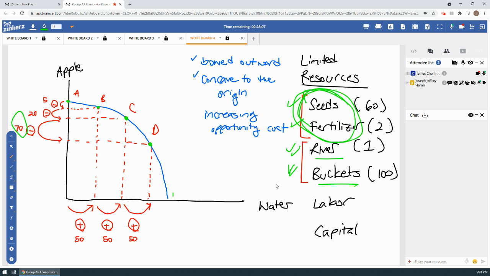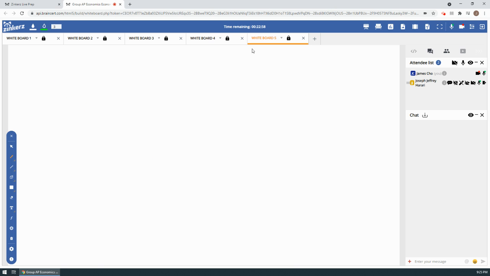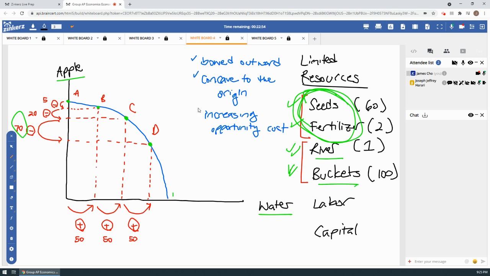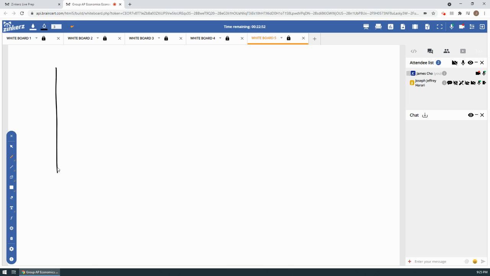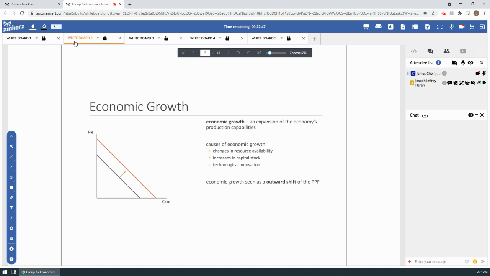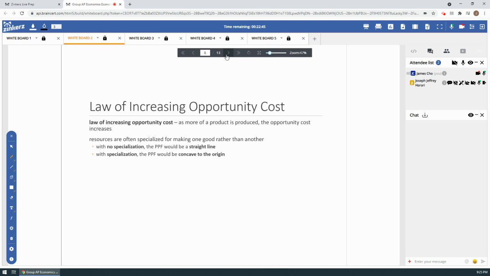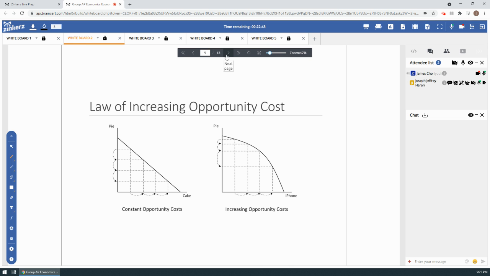So what if you have two things that don't contradict each other, where there's no possible way you would be able to use one for the other? It's the same exact story here. I guess here there's a little bit of overlap. But let's talk about what we talked about: pies and iPhones.